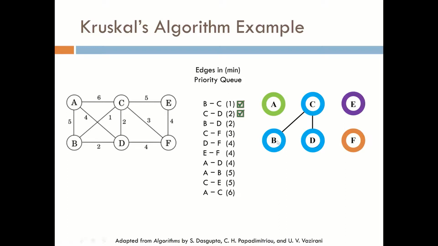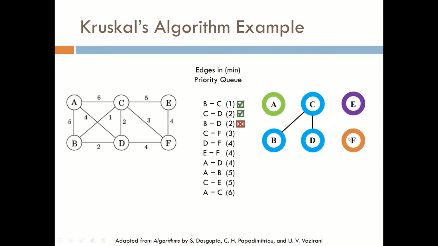Now the next edge that comes off is the edge BD. You notice that B and D are in the same set, so we will reject that edge. We fall through that iteration and pick off the next edge.